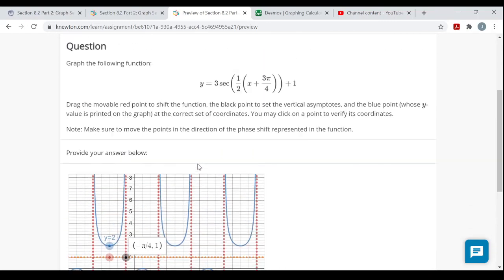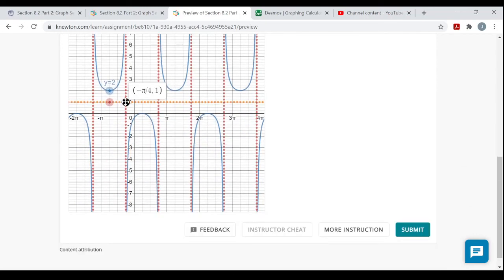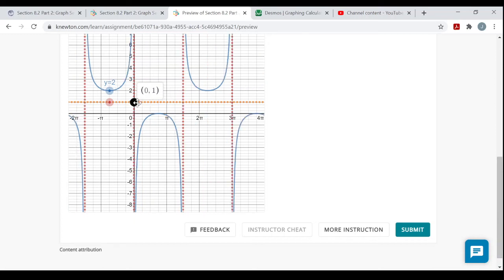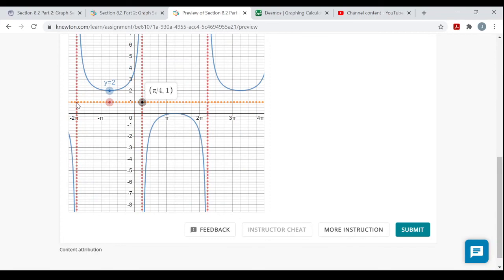Oh no, they should be 2 pi apart, shouldn't they? Because the period's 4 pi. So let's spread this out, and now they're at pi over 4.